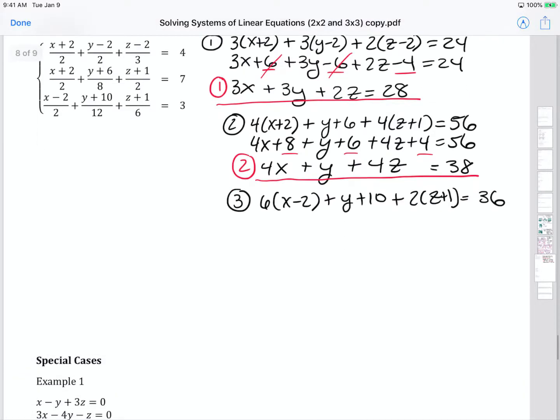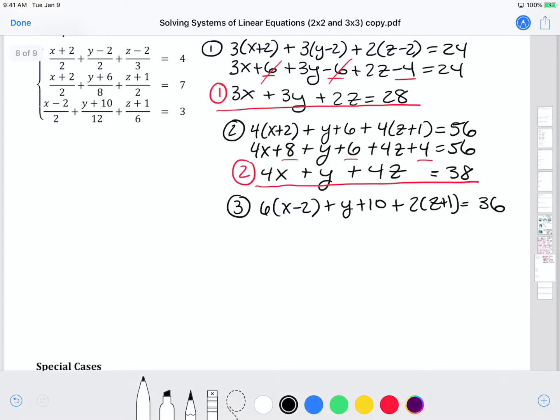Okay, let's finish this one. When I multiply that out, I get 6x minus 12 plus y plus 10 plus 2z plus 2 is equal to 36.